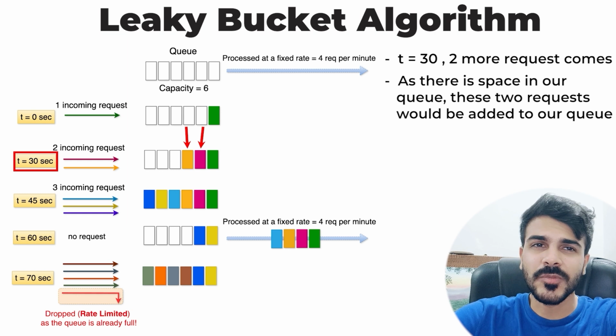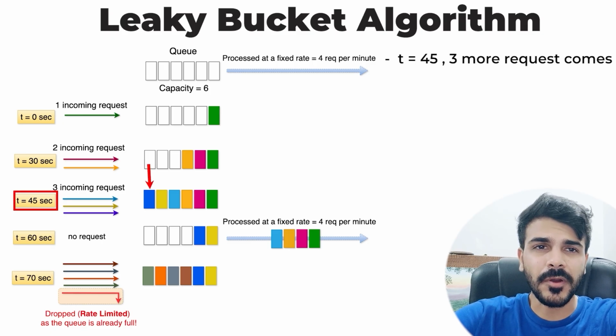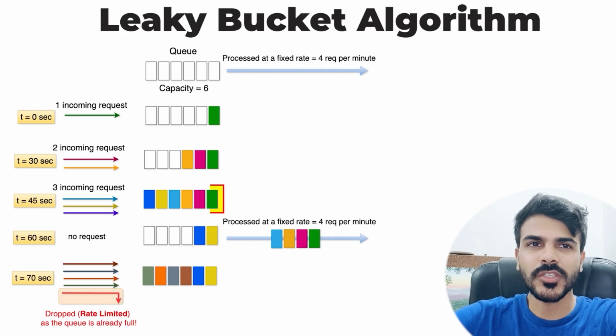As there is space in our queue, these 2 requests would be added. Let's say at t equal to 45 seconds, there are 3 more incoming requests: the purple, the blue, and the yellow. We have space for them in the queue, so all of these 3 requests would be added. Right now, our queue is filled to its fullest capacity.